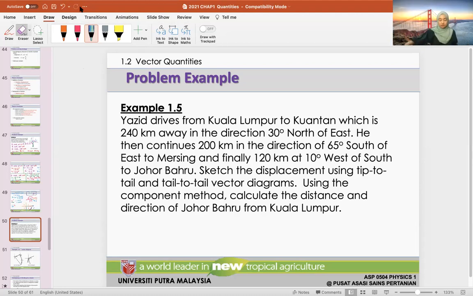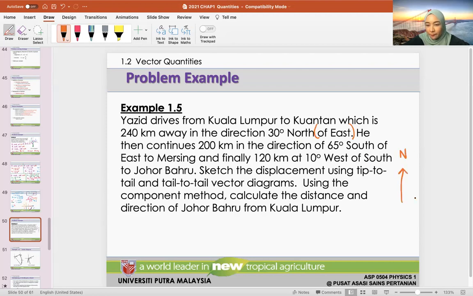Okay, so let's start. Yazid drives from Kuala Lumpur to Kuantan, which is 240 kilometers away, in the direction of 30 degrees north of east. So if you don't know, north is going this way.